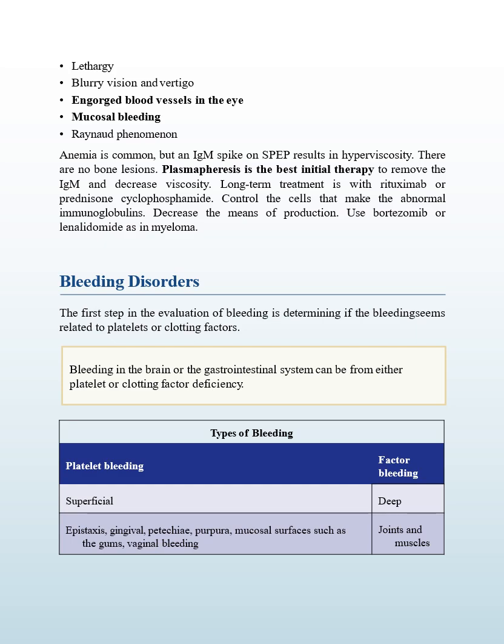You can use bortezomib or lenalidomide as it is in case of myeloma. And we reach the so-called bleeding disorders. This is part number 3 of our lecture, but let's take a quick break.